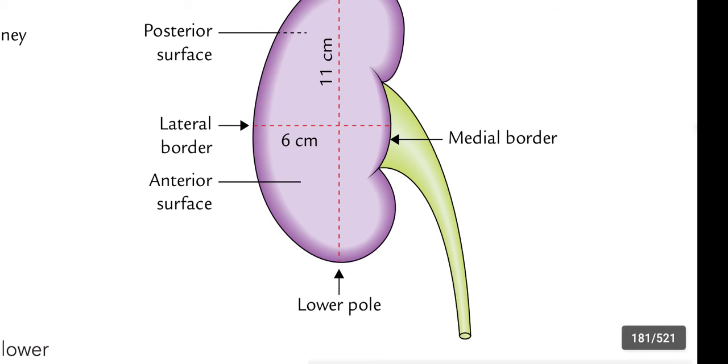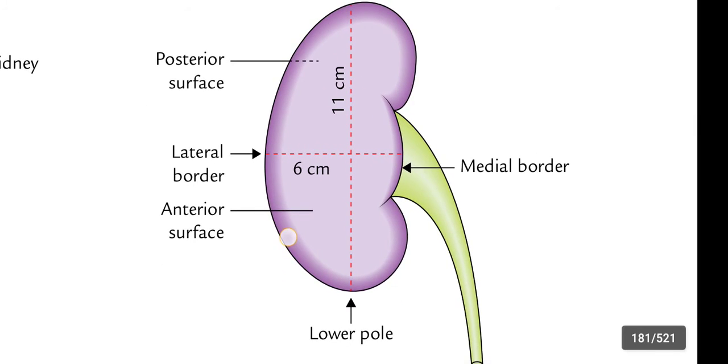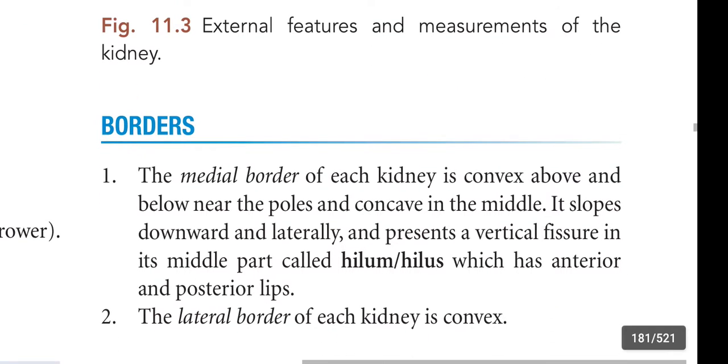If you see the diagram, it is convex in shape near the poles, whether upper or lower, and it is concave on the medial side, at the middle.